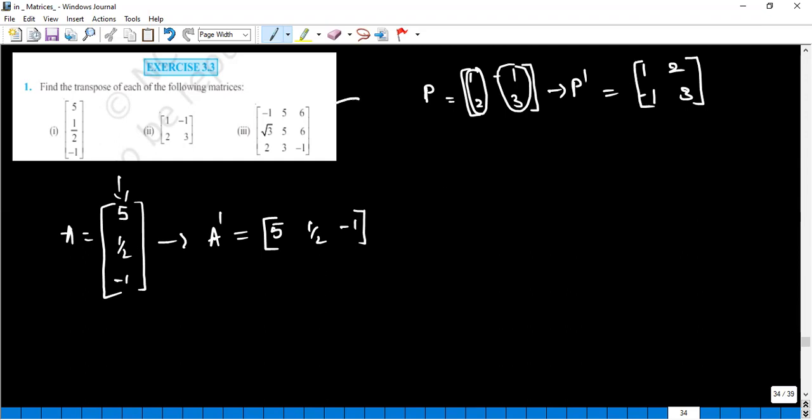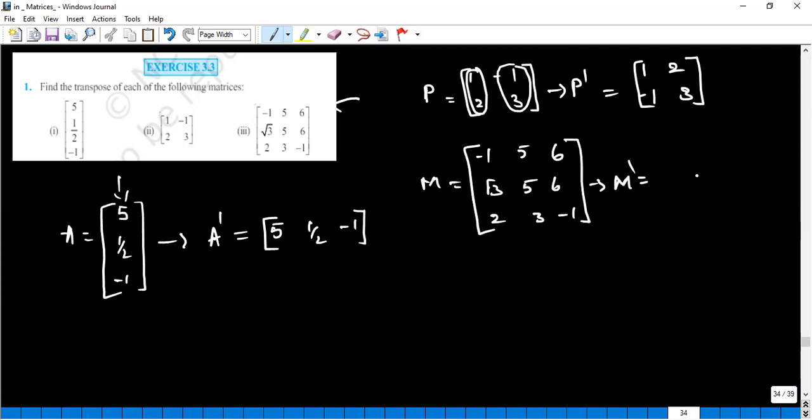The next one is a 3 by 3 matrix. Let me take some matrix M: minus 1, 5, 6, root 3, 5, 6, 2, 3, minus 1. What is the transpose for this matrix? M dash.